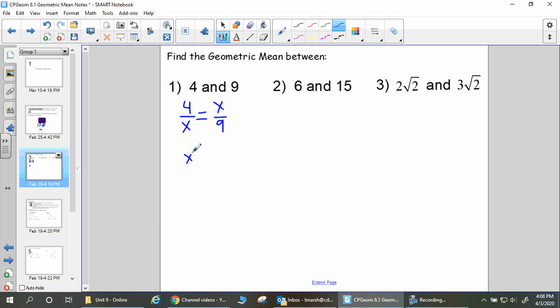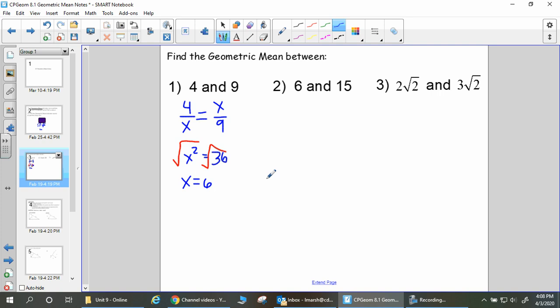X times X is always X squared. 4 times 9 in this case is 36. I don't want X squared, I want X, so square root both sides. And that means that my value for X in this case is 6. 36 is a perfect square. It gives me a whole number answer.